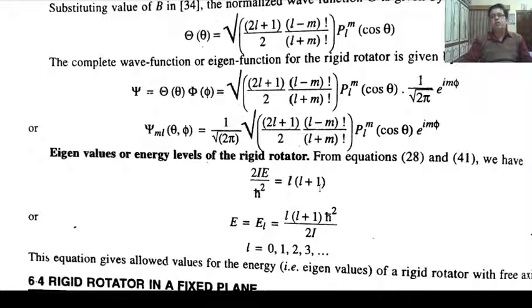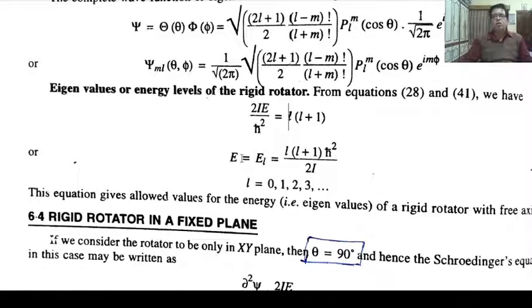From this we have 2IE/ħ² = L(L + 1). So your energy eigenvalue becomes E_L = L(L + 1)ħ²/2I, where L = 0, 1, 2, 3. This equation gives the allowed values for the energy eigenvalues of a rigid rotator with a free axis.